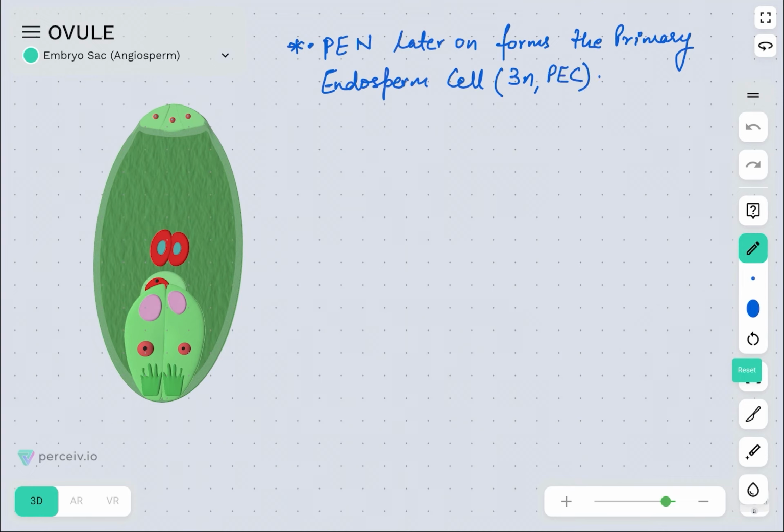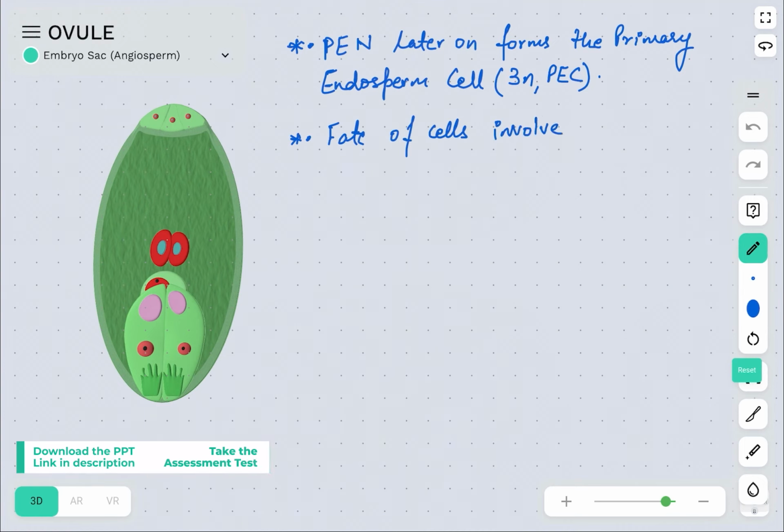This is all about the double fertilization process. But now let us look at the fate of the cells that are involved in double fertilization, that is, what is the product of these cells. So, fate of cells involved in double fertilization.